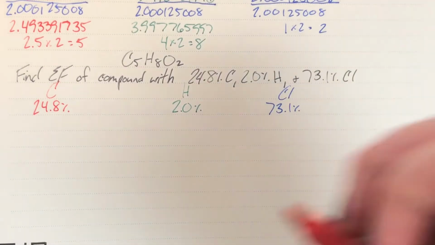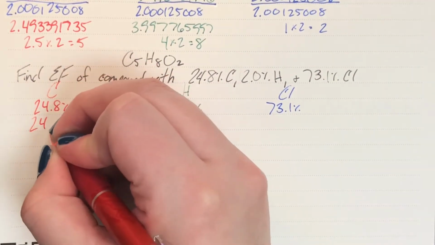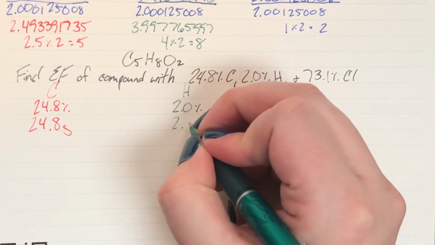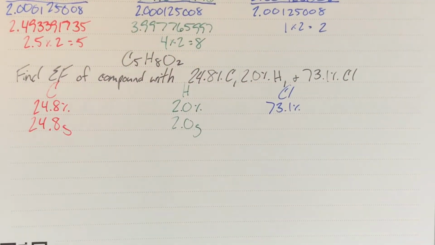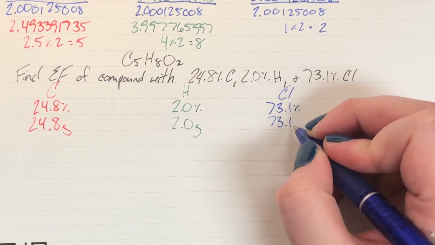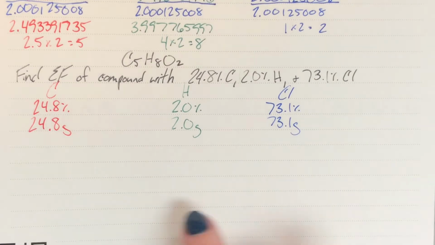So first step, percent to mass: 24.8% will turn into 24.8 grams, 2.0% will turn into 2.0 grams, 73.1% will turn into 73.1 grams.